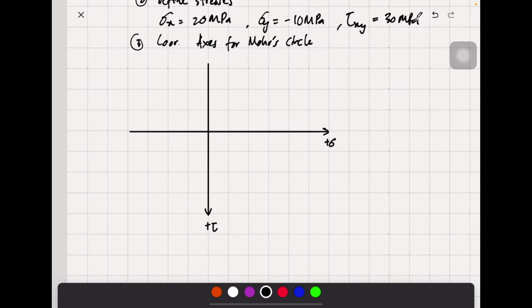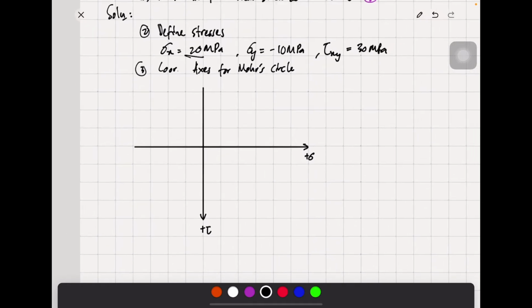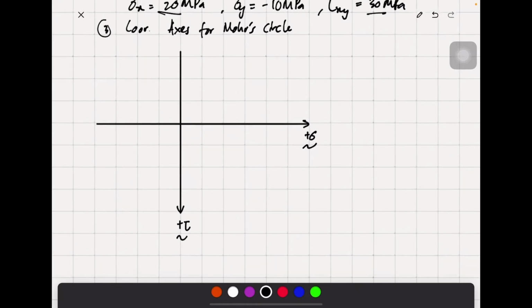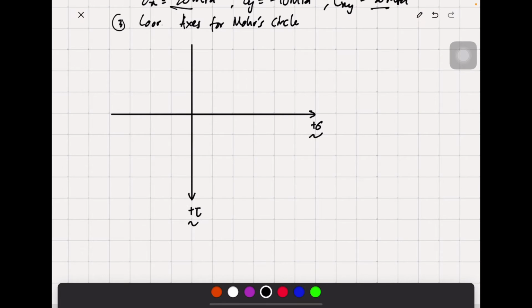So I'm going to go ahead and locate my point number one, by using this information of 20 megapascal and 30. Be careful, we are having two axes over here, sigma and tau, which is shear stress.